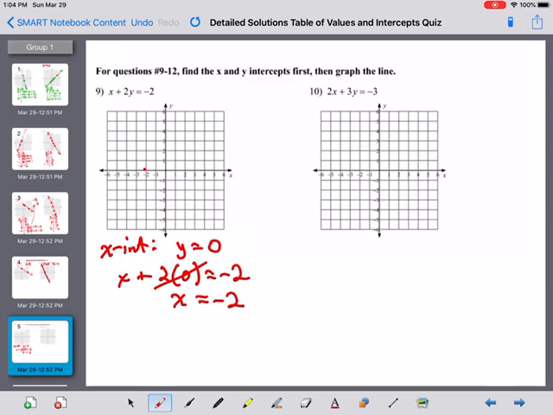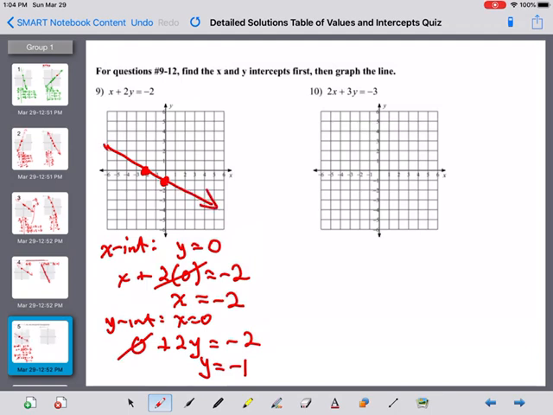So the x-intercept is negative 2, 0. And then the y-intercept is when x equals 0. So plug in 0 for x, and then solve the equation for y. So then you get divided by 2, y equals negative 1.